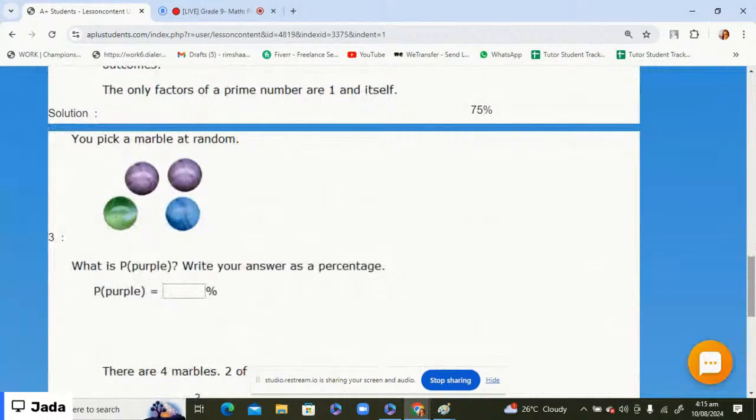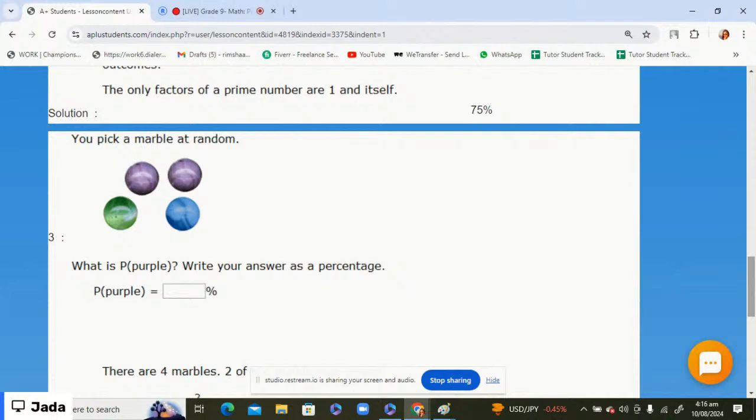You pick a marble at random. So we are going to pick the marble. How many are we interested in? What is the probability of purple? Write your answer as a percentage.